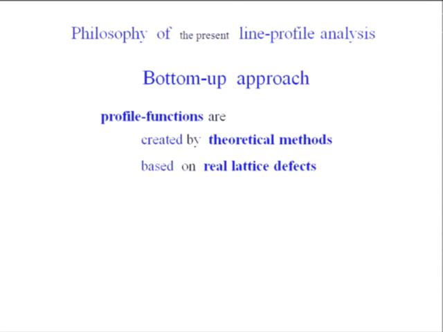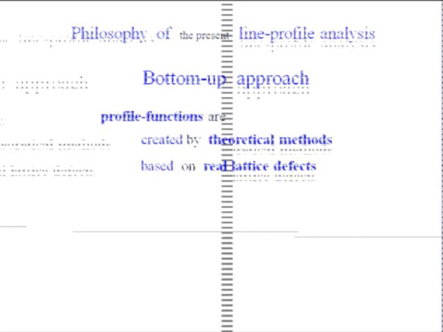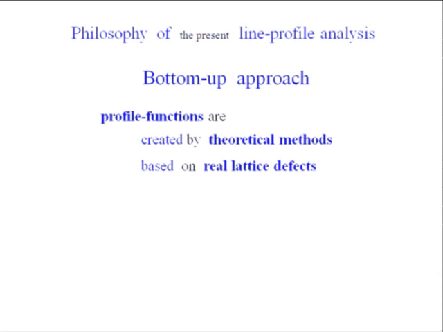We have seen a long equation containing many different terms, each corresponding to different lattice defects, which we see in a micrograph, for example, in a TEM micrograph. Actually, this bottom-up approach relies very much on the TEM work, which so many people have done.